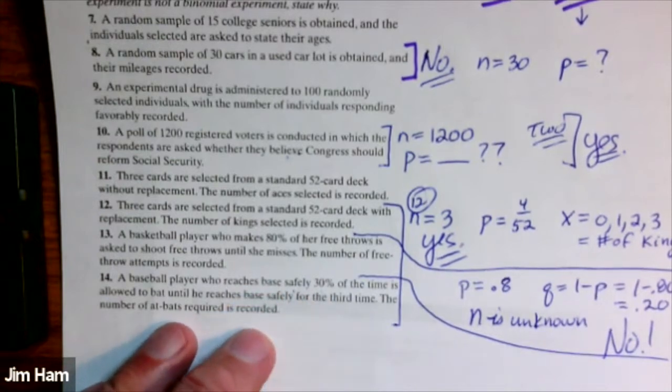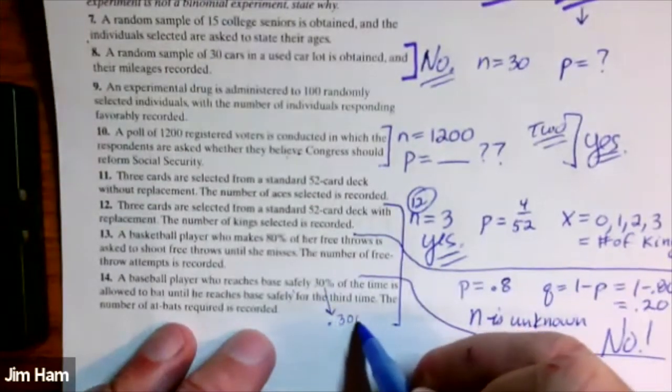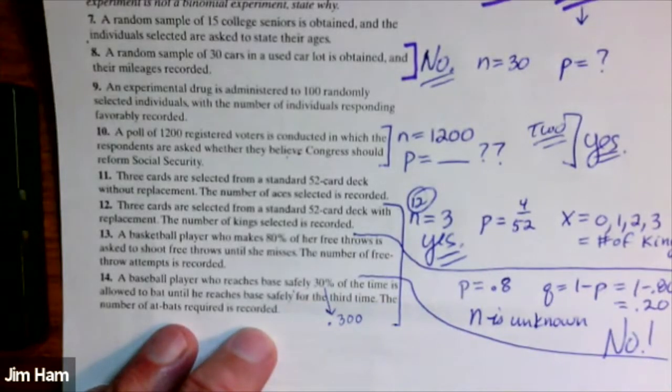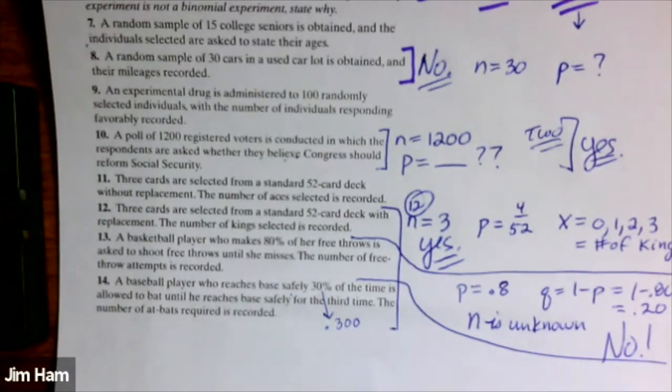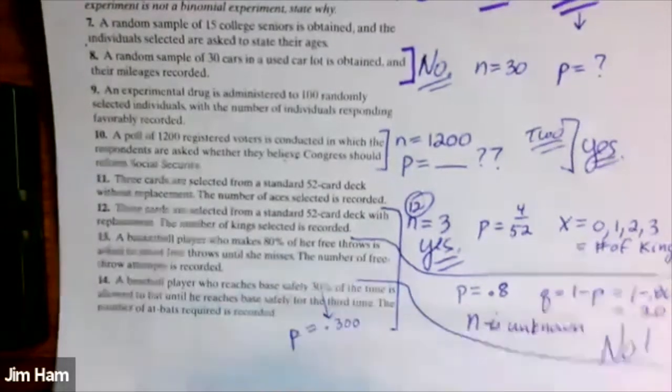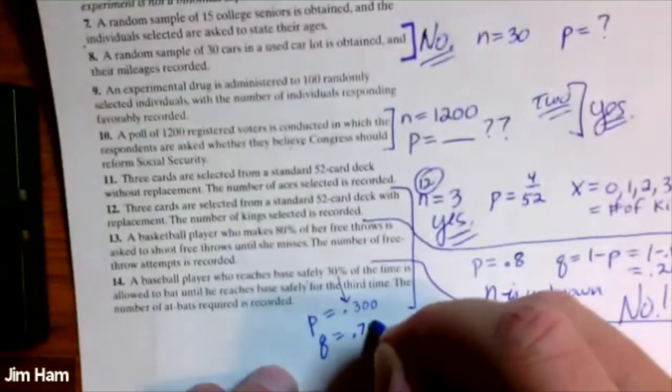So that would be like, well, it's not quite a batting average, but usually batting averages are written as a decimal rounded to 3 decimal places. And it's not quite reached base safely, because you can get a walk that doesn't influence your batting average, but let's assume that this is it. So this would be the p-value, the probability of successfully reaching base. So Q would be equal to 0.70.